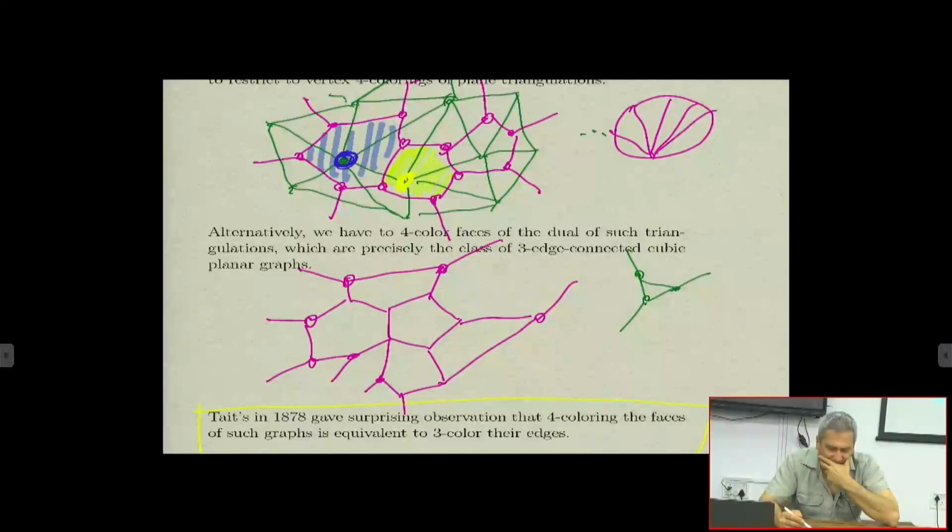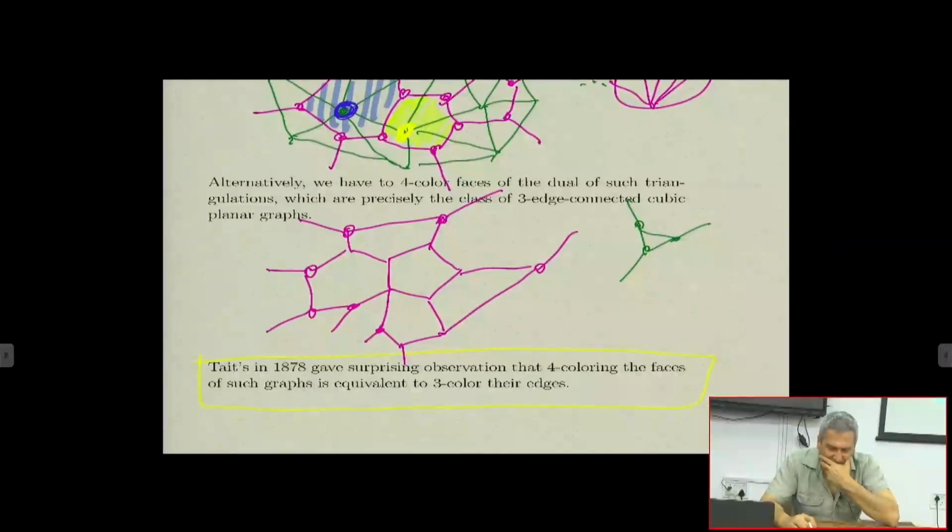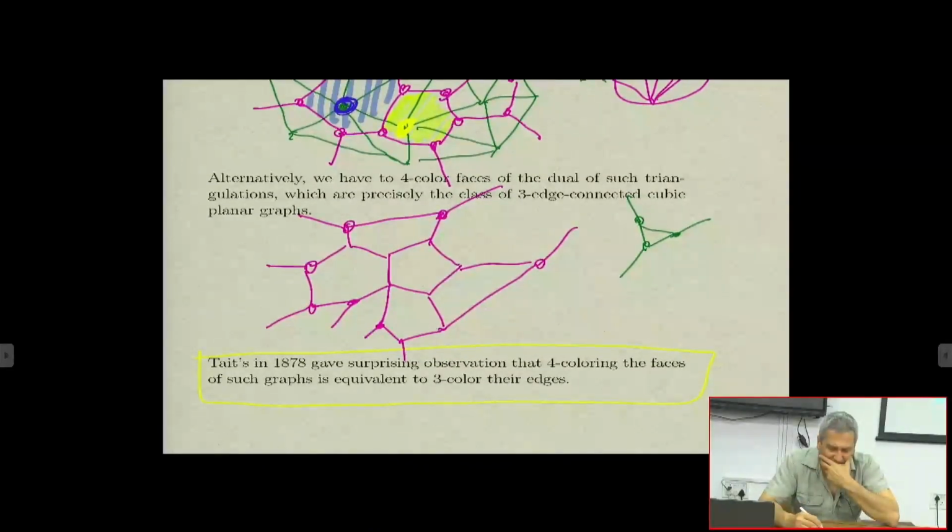Now, we don't have three-cycles. What does a three-cycle correspond to? If you have a three-cycle in the pinky graph, this corresponds to three vertices in the original graph. We don't have even four vertices.